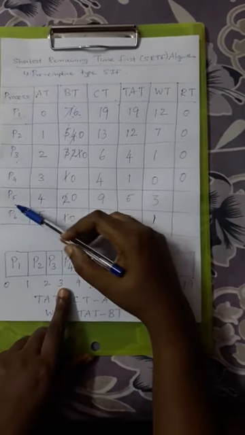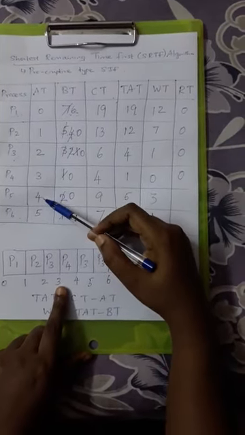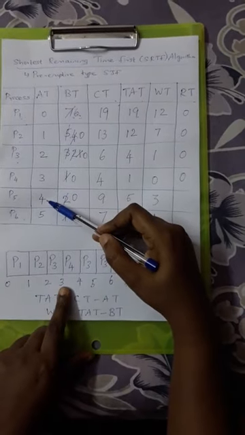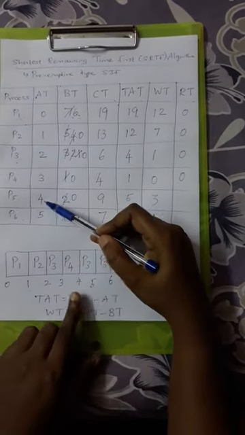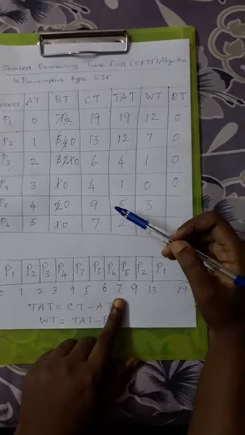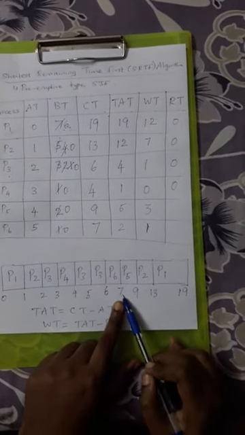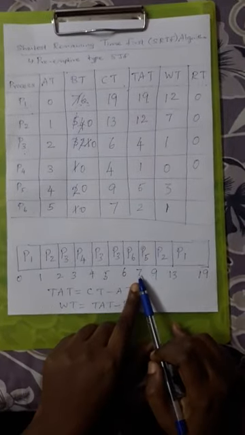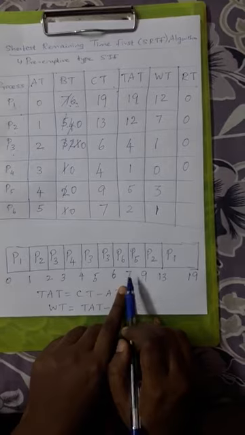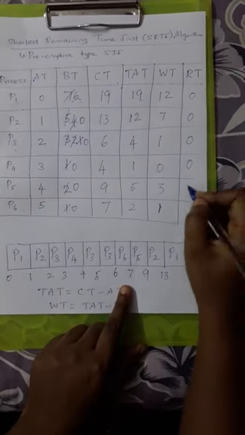Next, process P5 arrived at the 4th millisecond, but it got its first response at the 7th millisecond. So the response time for process P5 is 7 minus 4, which is 3.